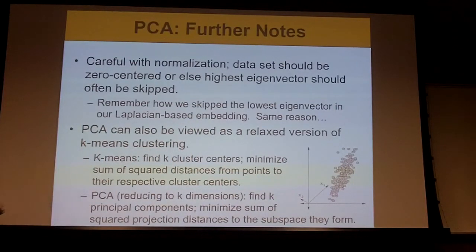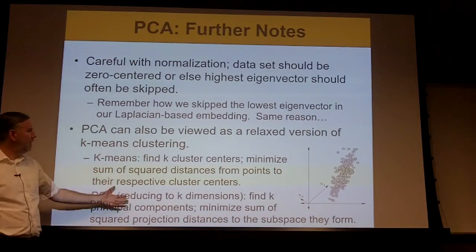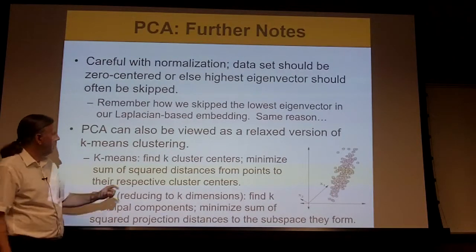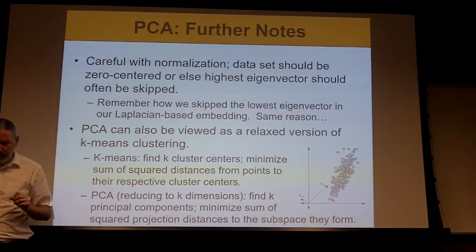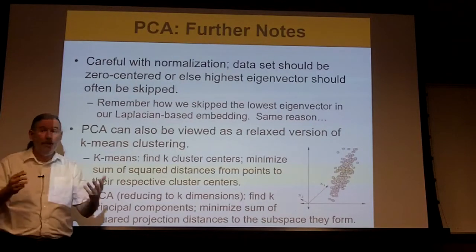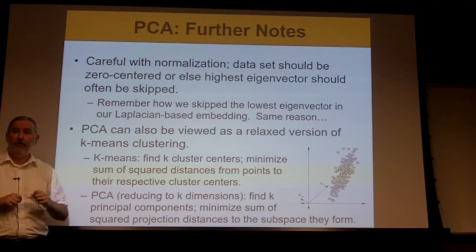Okay, one other final point, I guess, about PCA. It's highly related to k-means clustering. In fact, it's kind of a continuous relaxation of k-means in the following sense. So k-means clustering is asking you to divide up a bunch of points into k clusters and find centers for those clusters so that you're minimizing the squared distance from each point to its respective cluster center.